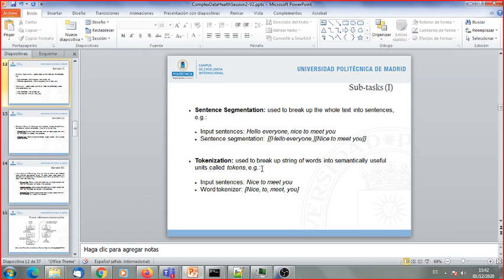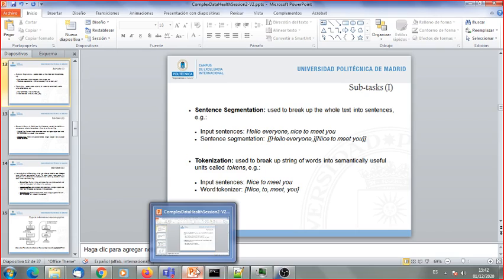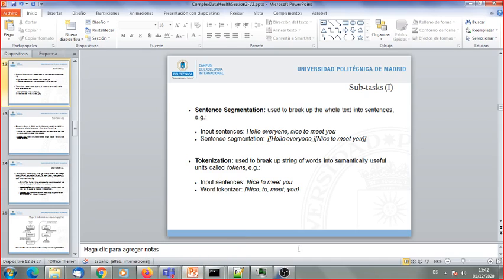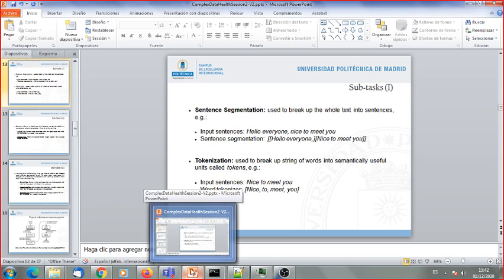Sorry, I will give you the definition once we finish the class. That's a good question, and sorry for not having a definition of what a token is, okay?